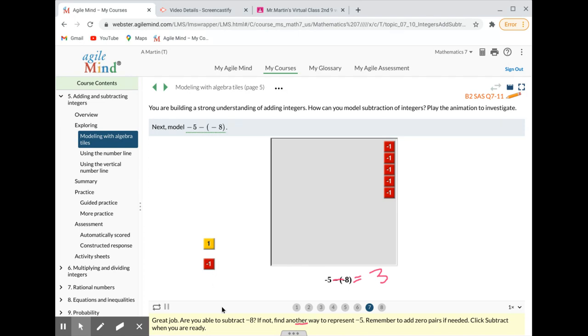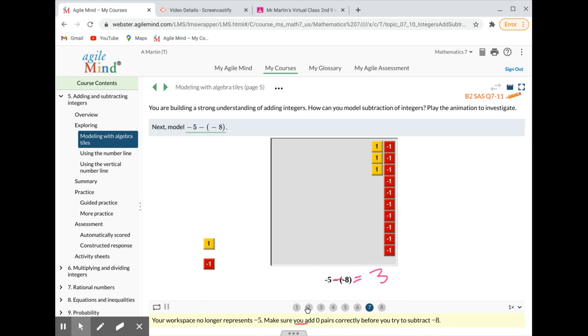Yeah, so the way that I put it in here, and I don't know if it's the right way to do it, but I got 1, 2, 3, 4, 5, and then I'm going to do 1, 2, 3, 4, 5, and then I'm going to do 6, 7, 8.